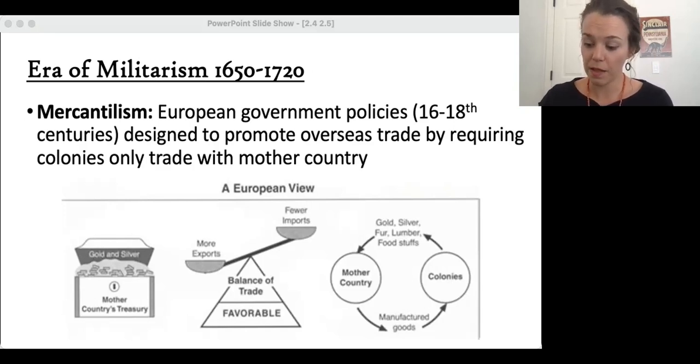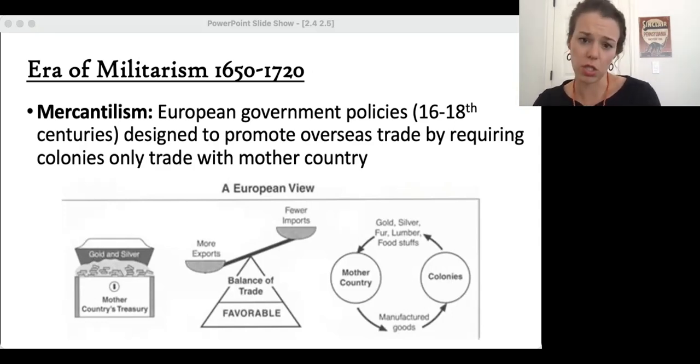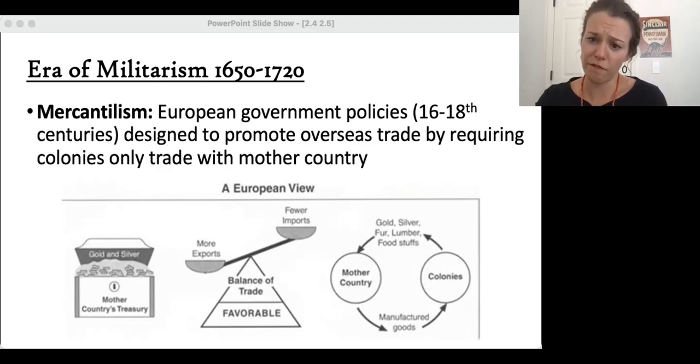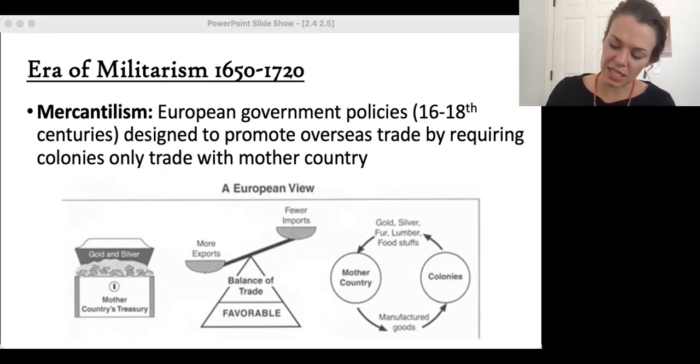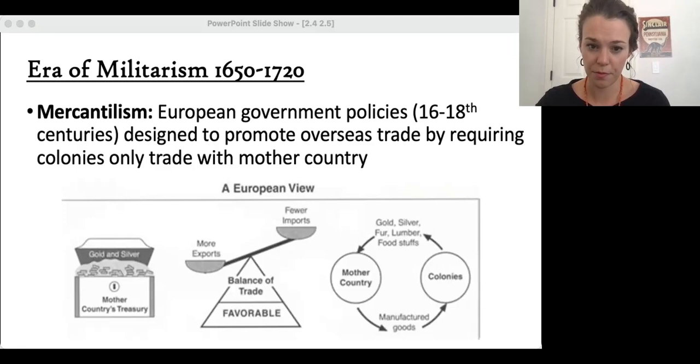So let's see, we might think about the American colonies producing timber or fur or food. They are selling this directly to England and they can't shop around. It's not like they can offer to sell to the Dutch and get a better deal. No. They are selling to England at a very low price.